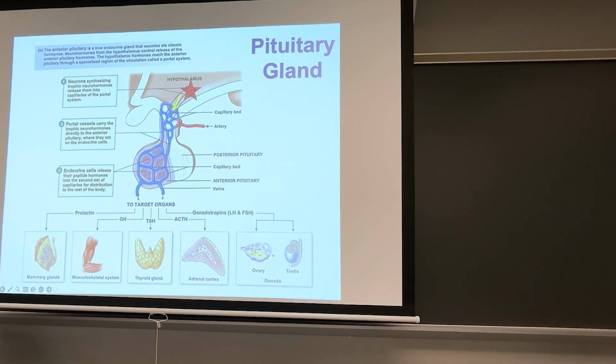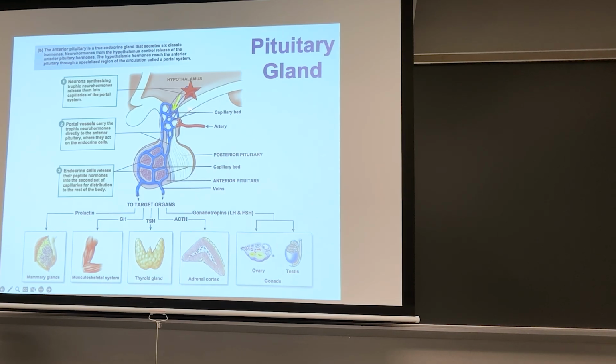Typically, that's not the normal setup in the circulatory system. You remember, capillaries are the smallest blood vessels, and that's where we get exchange. And notice we have two capillary beds right next to each other that are hooked by these portal vessels that are called pituitary portal vessels. And these support each other. So the problem is the hypothalamus, in reality, is the major controller of all of the pituitary gland.